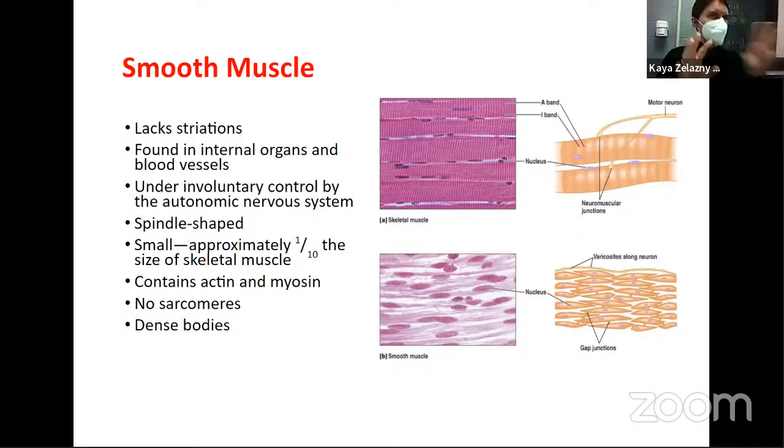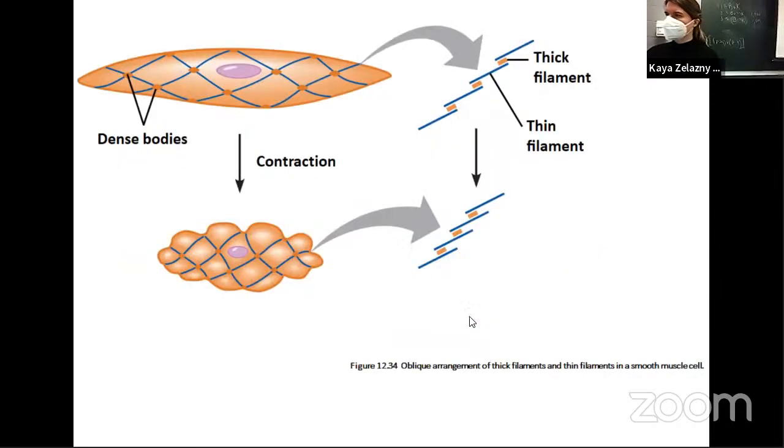Like skeletal muscle, it's still going to have actin and myosin, but they're not structured, bless you, in sarcomeres anymore. Instead, we're going to have these fibers attaching to these structures that we're going to call dense bodies. Dense bodies are nodes in this web-like structure of actin and myosin in smooth muscle.